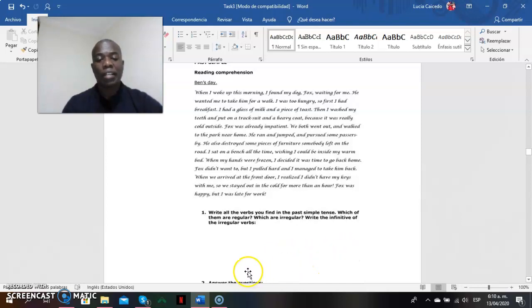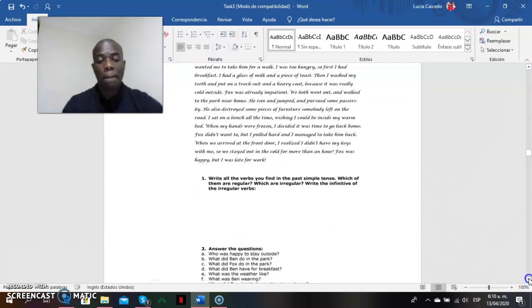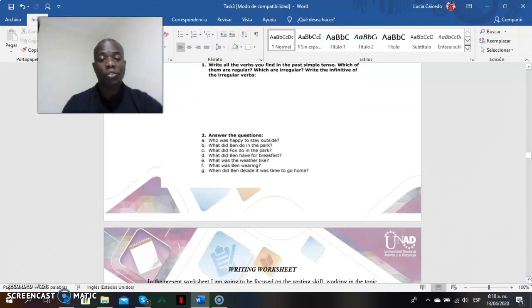Write the infinitive of the irregular verbs. For example, answer the question: who was happy, who stayed outside, what did the band do in the park, or something like that.